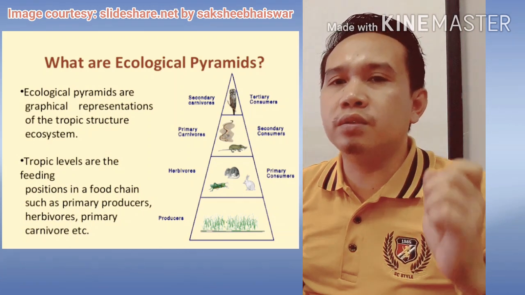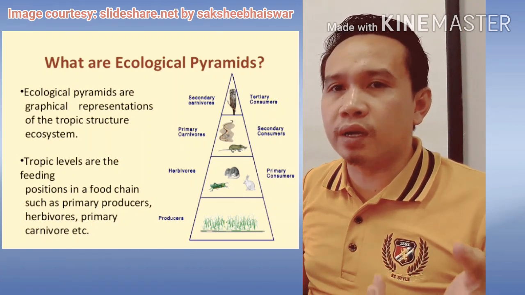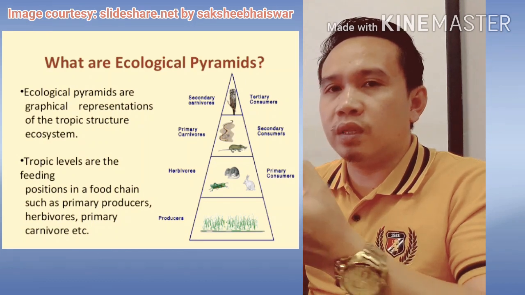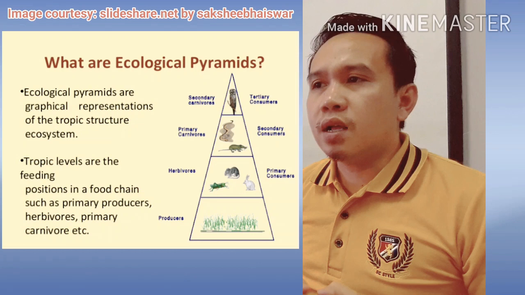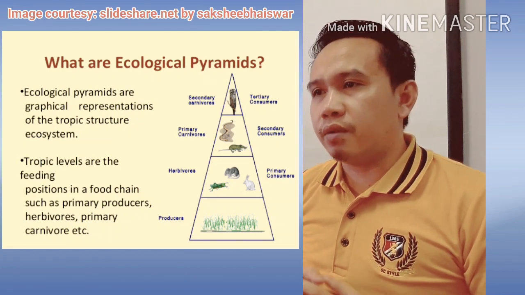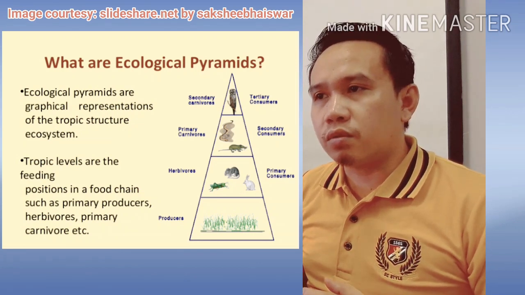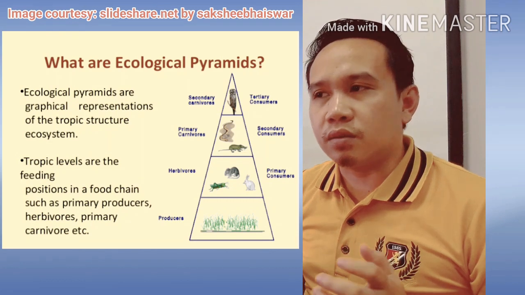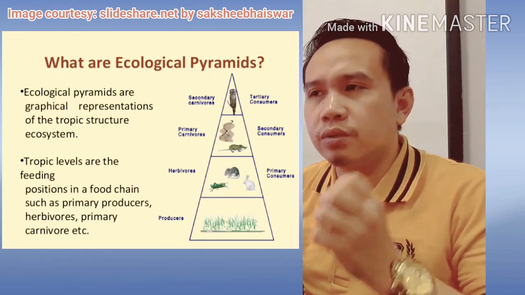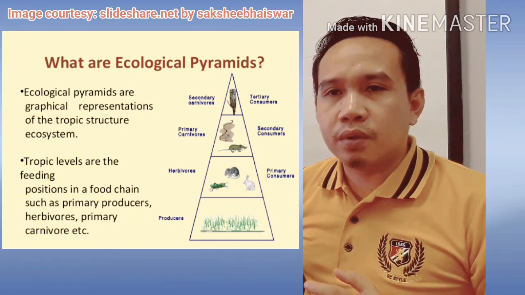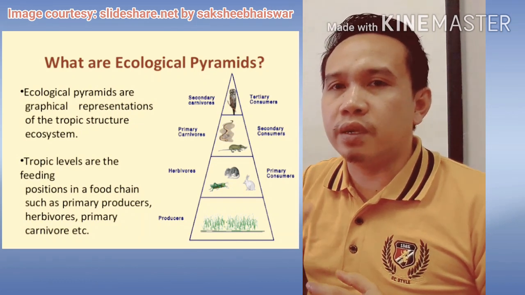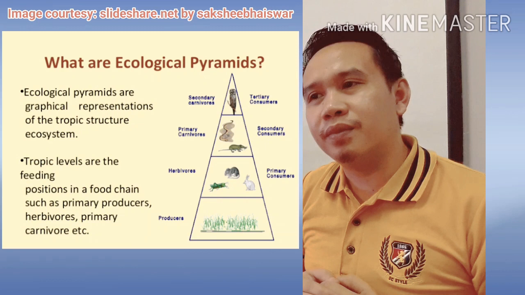So how do they interact? These organisms play within the ecological pyramids. Ecological pyramids are graphical representations of the trophic structure in the ecosystem. So how do those organisms, right, survive, grow, and live in a particular period of time?